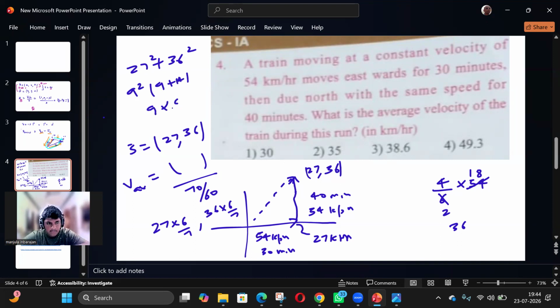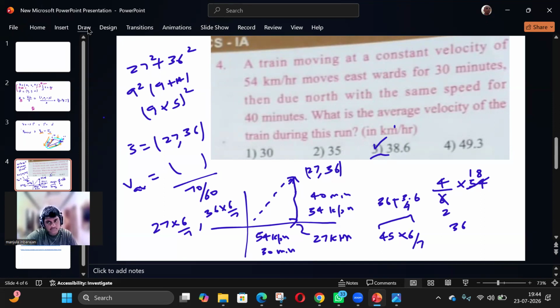So 9 into 5, it's 45. 45 into 6 by 7. So less than 45, so this has to be the one. 7 6 of 42, so 36, the remaining is 3 by 7. That's 38.6, I think so. 3 by 7 into 6, 18 by 7, 2 point something.